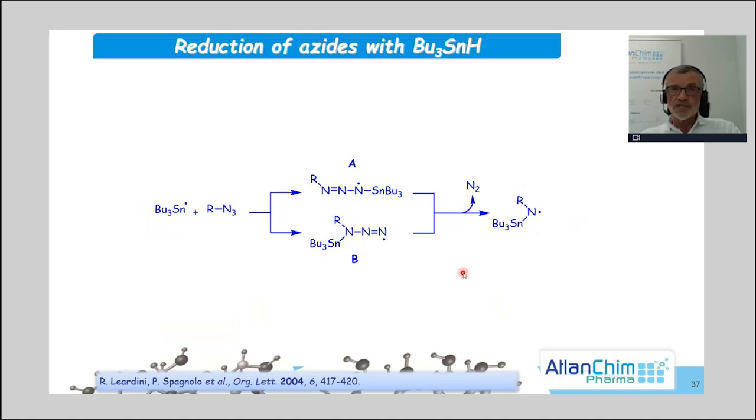It is worth noting that stannyl aminyl radicals are able to perform intramolecular cyclization very efficiently with various functions, for example, alkenes, carbonyls, and nitriles.